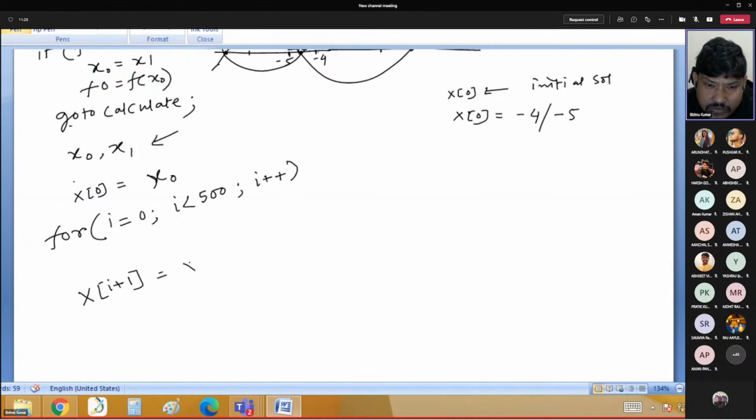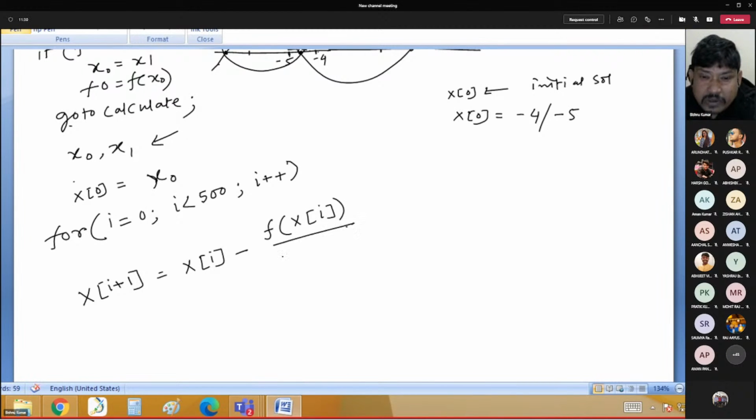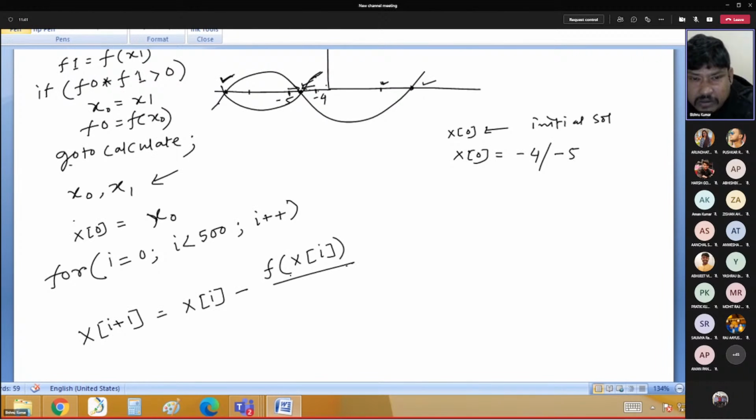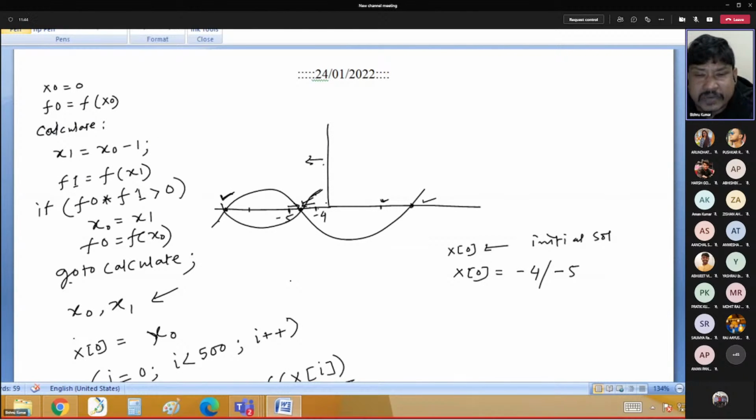So x of i plus 1 equals x of i minus f of x of i divided by the derivative. You just create, or do manually, the derivative function. Whatever the function is given to you, f(x) equals 0, by watching this function you just calculate the derivative of it also. Suppose f dash x, you just rename this function as g(x).